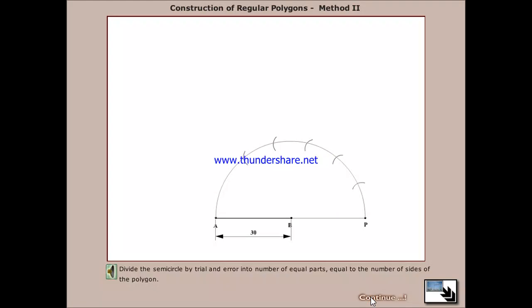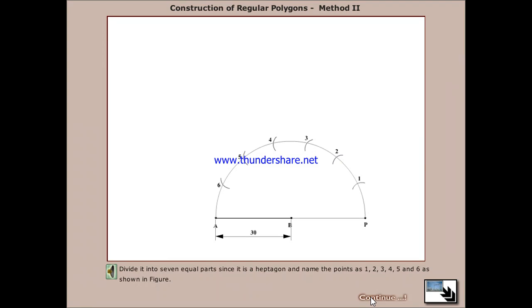Divide the semicircle by trial and error into number of equal parts equal to the number of sides of the polygon. Divide it into 7 equal parts since it is a heptagon and name the points as 1, 2, 3, 4, 5 and 6 as shown in figure.